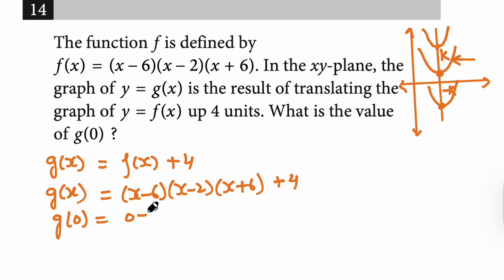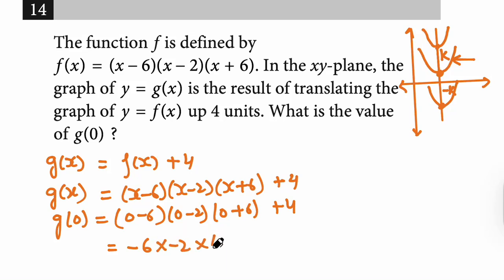So let's plug 0 everywhere. Now again I am writing it, but I'm just expecting you to reach a point where you do not need to write these kinds of steps. So that is negative 6 times negative 2 times 6 plus 4, so 76. So g of 0 is equal to 76. So that is a question from translations of rigid figures, and specifically vertical translation.